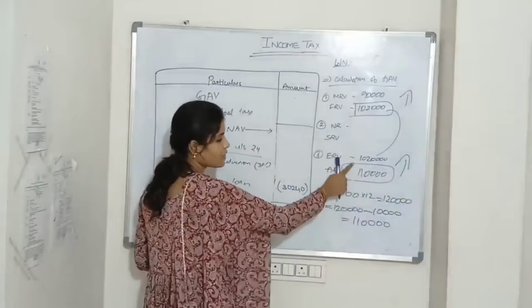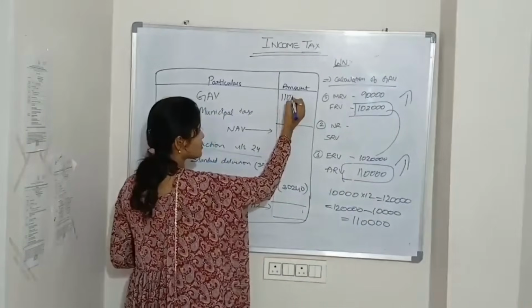So the highest is ARV, that is 1,10,000.